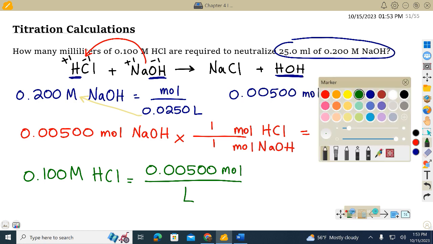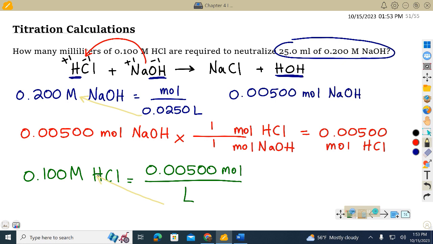I'm going to do a little algebra. Cross multiply and divide so that I get a volume of about 0.0500 liters.